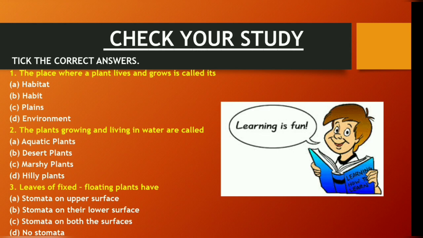The plants which grow in water are the aquatic plants. Leaves of fixed floating plants have stomata on upper surface, stomata on their lower surface, stomata on both the surfaces, or no stomata. Just now we read stomata on the upper surface.